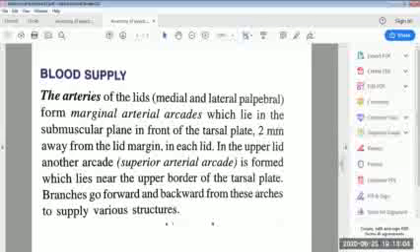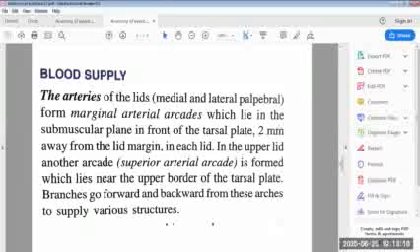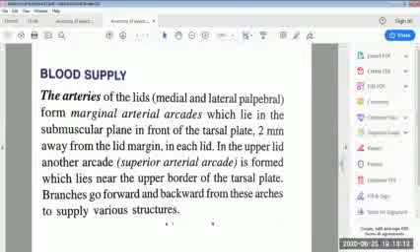We studied that in the submuscular areolar tissue, we anesthetize this layer because our blood vessels and nerves are present in this layer. They lie 2 millimeter away from the lid margin in each lid.